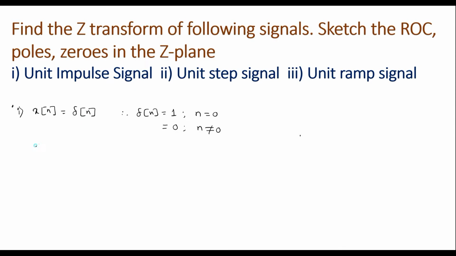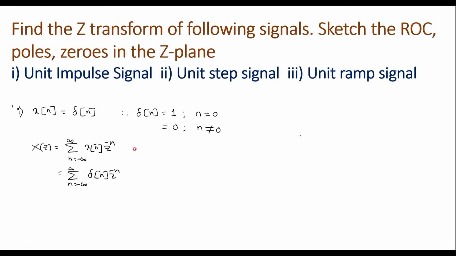The Z transform is given by the equation x of z is equal to summation n varies from minus infinity to infinity x of n z power minus n, that is, summation n varies from minus infinity to infinity, delta of n z power minus n.